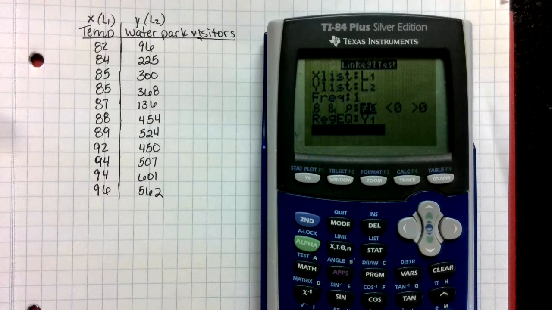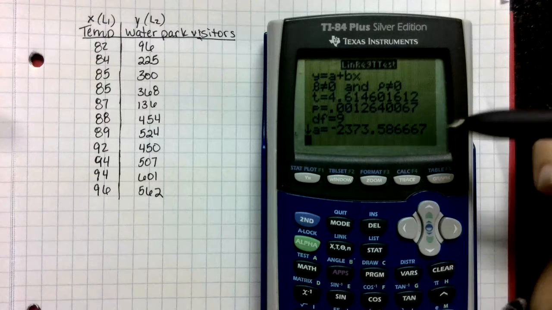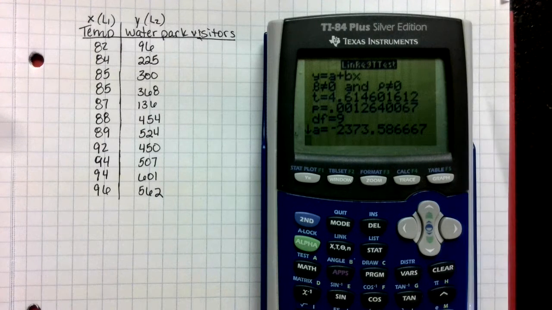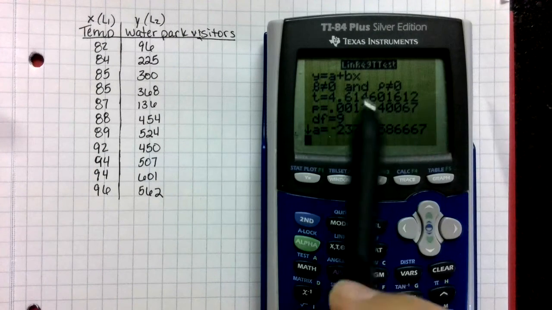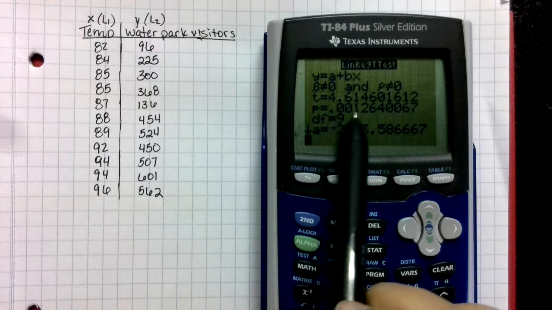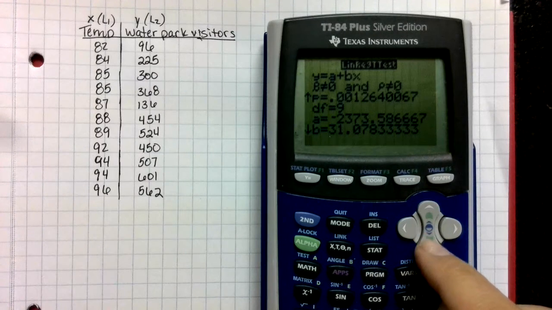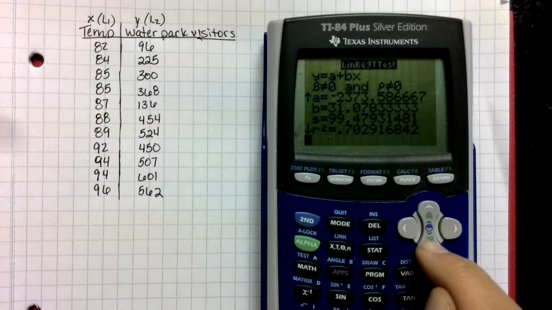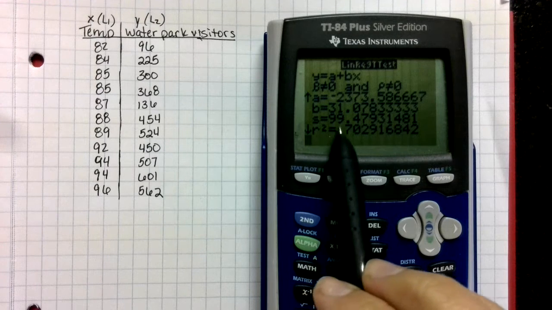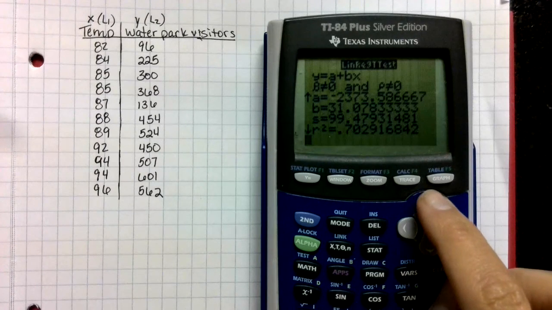Then we'll go to calculate, and here we have our test. Some of the information that it's given us is t and p, and this is a test statistic. This is a p-value. We have degrees of freedom, which we're familiar with. We have an a value, a b value, s, which is a standard deviation, r squared, and r.